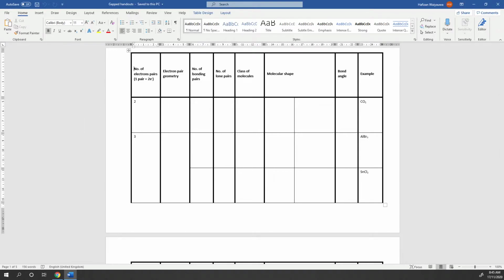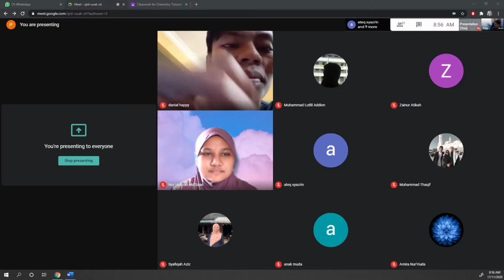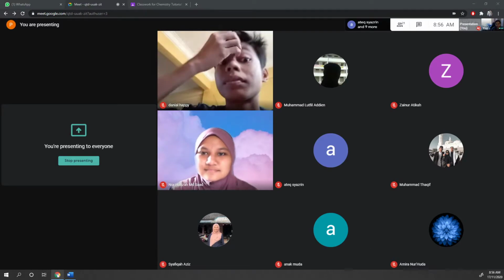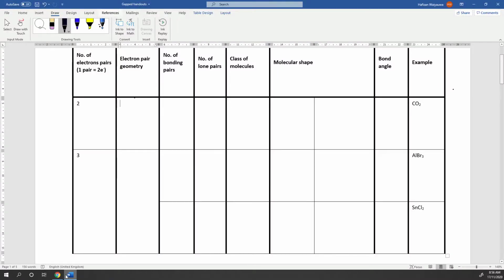Okay, we'll continue on 855. So, kita akan sambung buat our get handouts. So, if you can see that electron, kita ada two names. Satu electron pair geometry, satu is molecular shape.